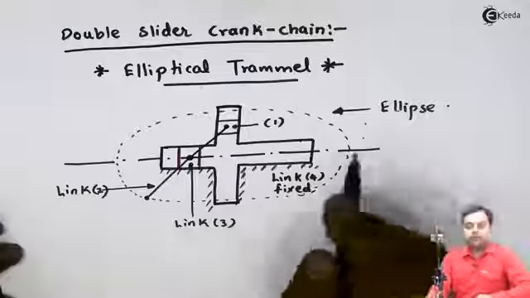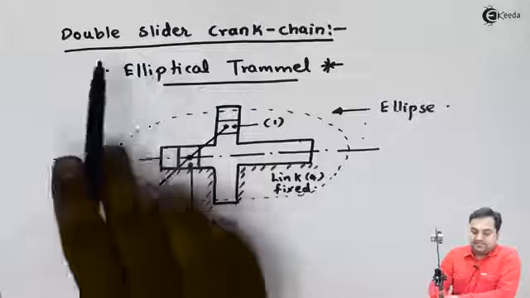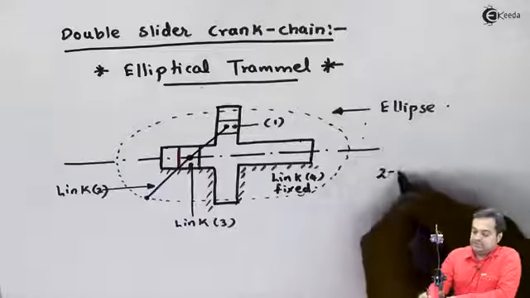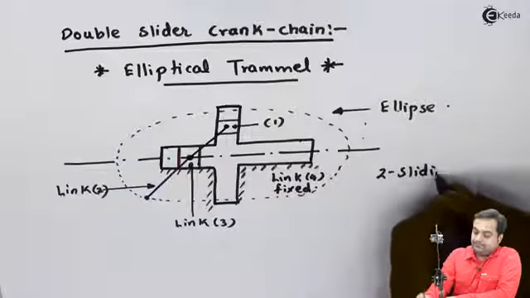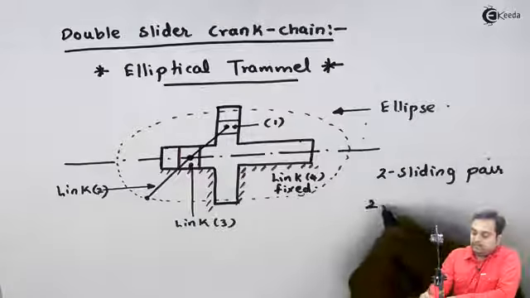Now, in case of elliptical trammel, here also it is a double slider crank mechanism, in which we have two sliding pairs and we have two turning pairs.